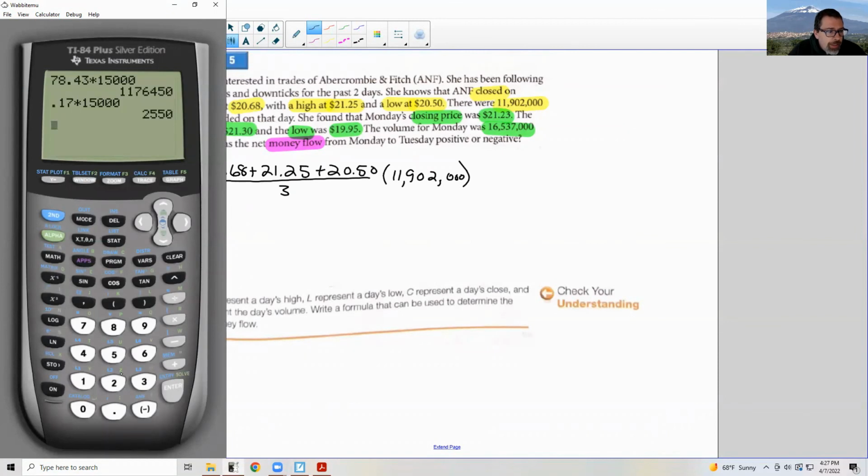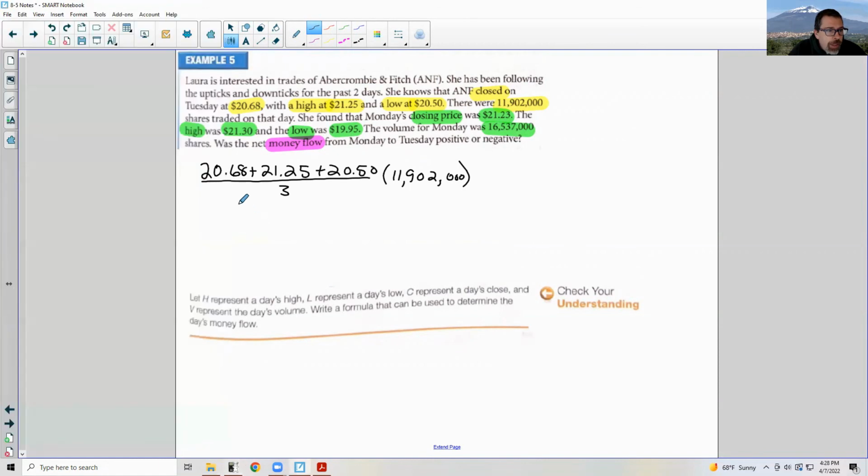So we're going to take 20.68 plus 21.25 plus 20.50, enter, divided by 3, enter, and I got 20.81.